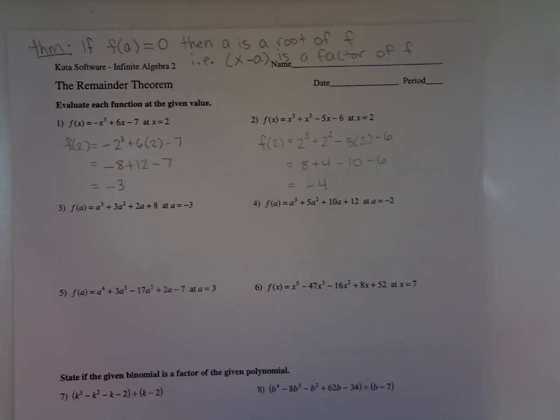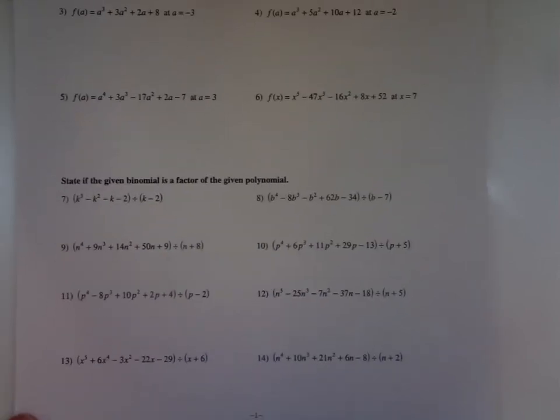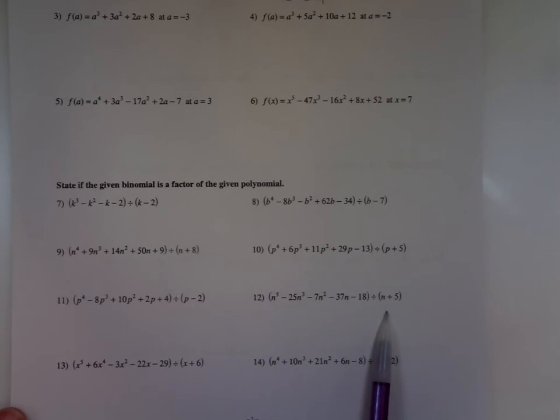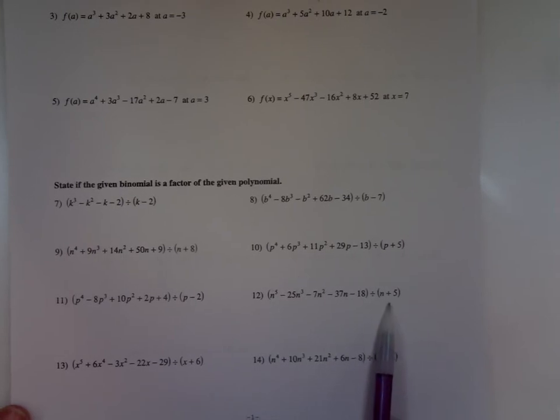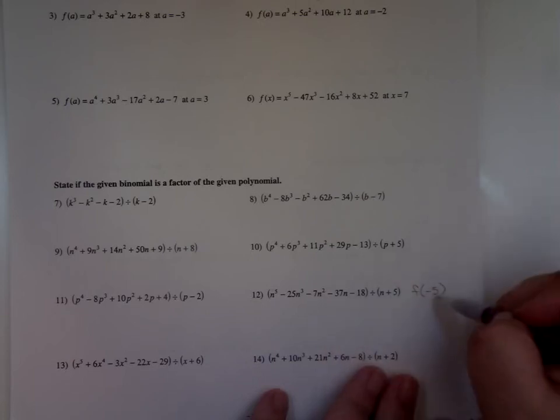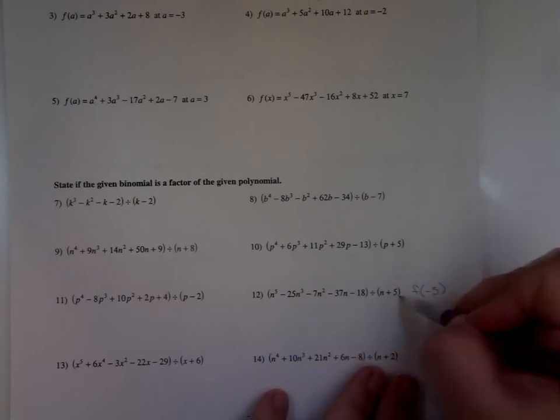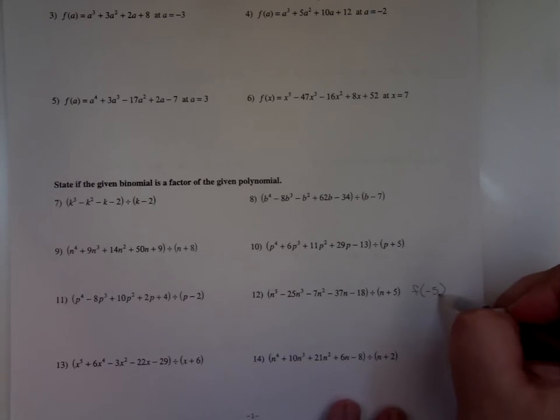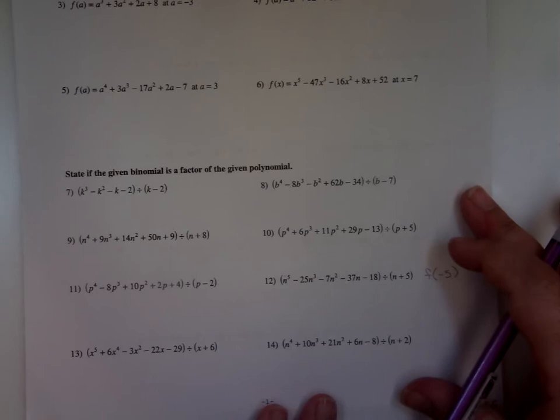Okay, let's move down to one of these. Let's look at number 12. So we're dividing by n plus 5. So that means that we want to evaluate f of negative 5. Since if n plus 5 is the factor, then n equals negative 5 is the solution. So we'll do f of negative 5.